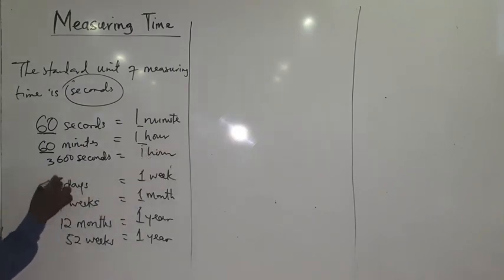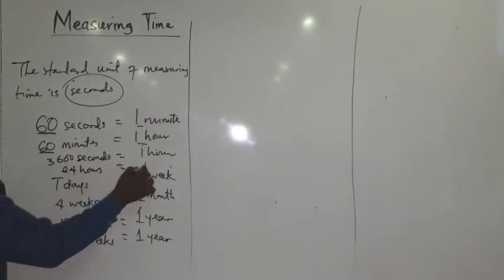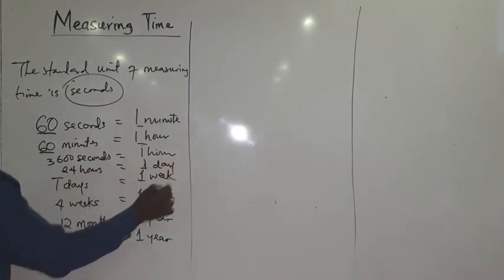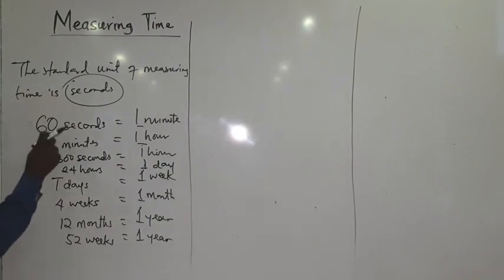Then 24 hours will give you 1 day. This is very clear. 60 multiplied by 60: 6 times 6 is 36, add the 2 zeros, and we have 3,600.